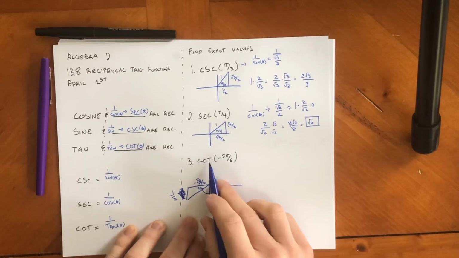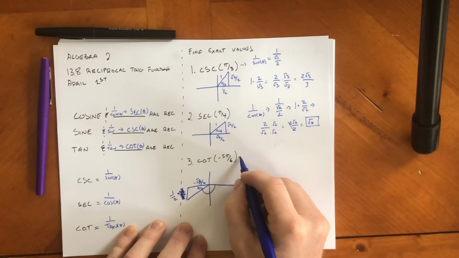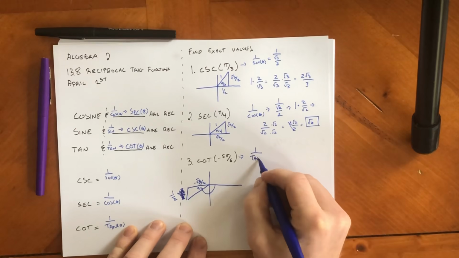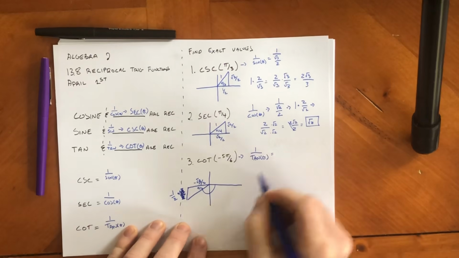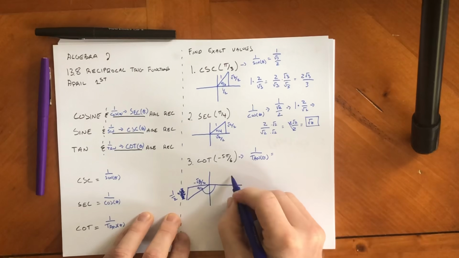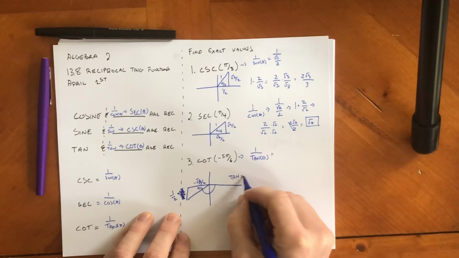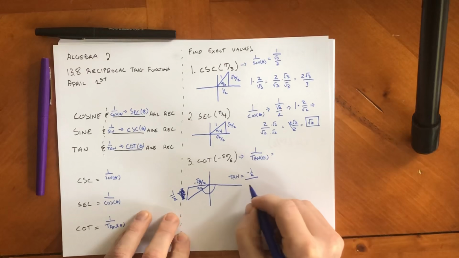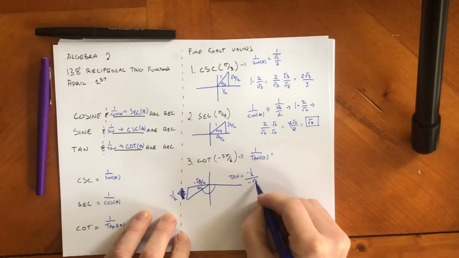So cotangent is the same as 1 over tangent. And we learned yesterday that tangent is just sine over cosine. So tangent is going to equal sine negative 1/2 over cosine negative root 3 over 2.